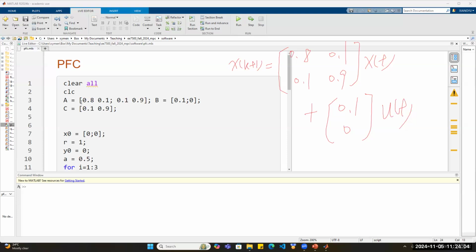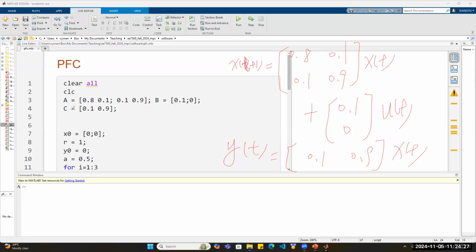So the A matrix is defined here, and the B matrix is defined here. This is the C matrix. So y_t equals C x_t, where C is 0.1, 0.9.